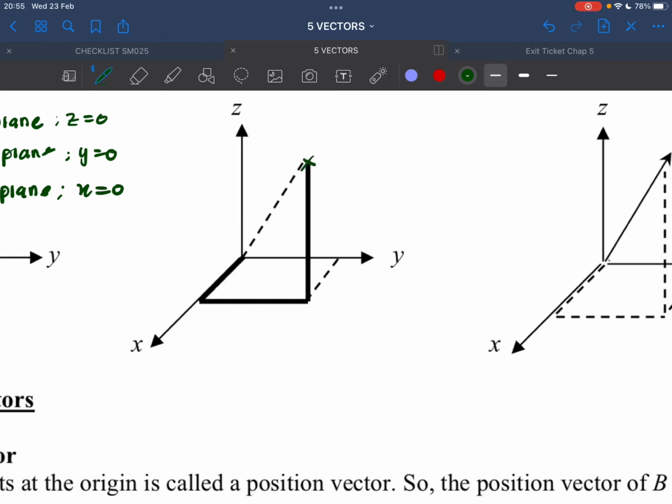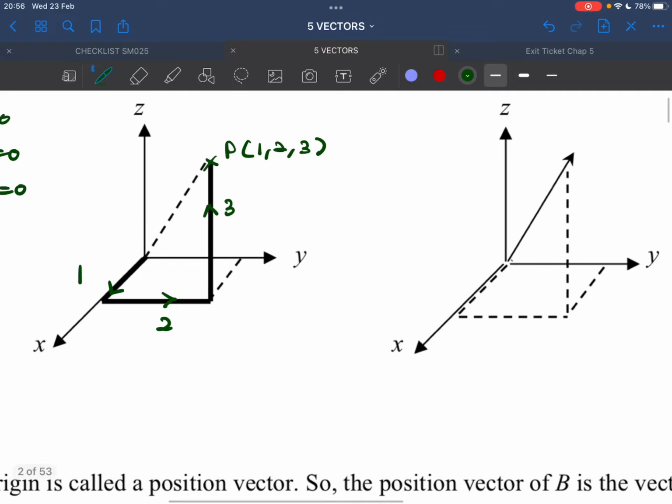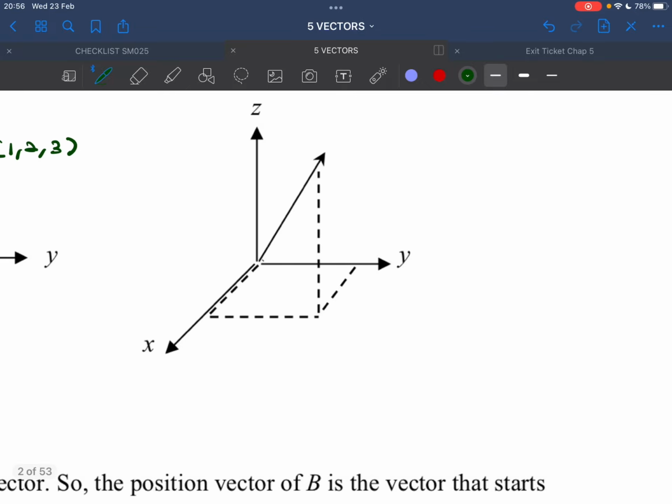Let's see if we have a point P(1, 2, 3). What does it mean by P(1, 2, 3)? This one represents x, this one represents y, this one represents z, and the same thing, i, j, k. So this one here is 1, this one here is 2, and this one here is 3. If we have a point P(1, 2, 3), the direction vector is here.